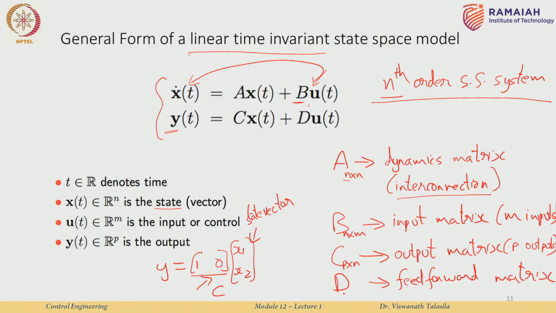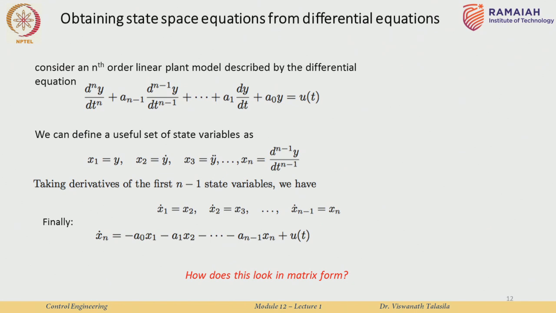Finally, we have the matrix D, the feed forward matrix, which is p cross m. So, these are the 4 matrices which we are going to consider. We will be ignoring D for the rest of this lecture, we are going to look at A, B and C. Alright. So, this is the general form of the linear time invariant system.